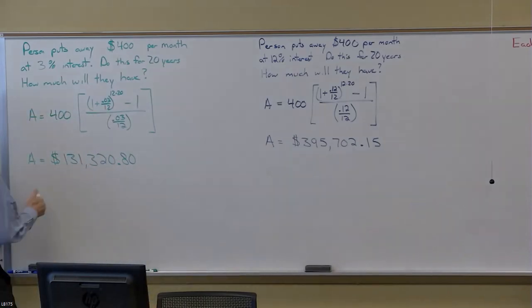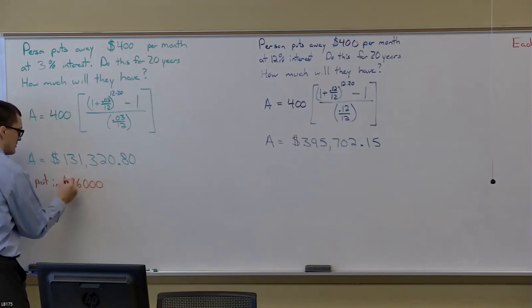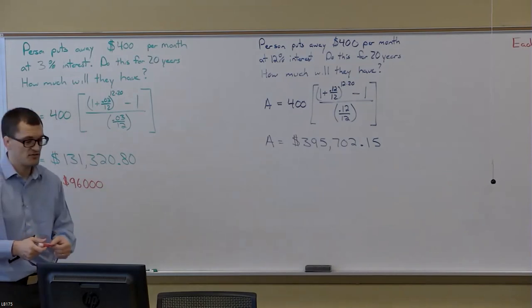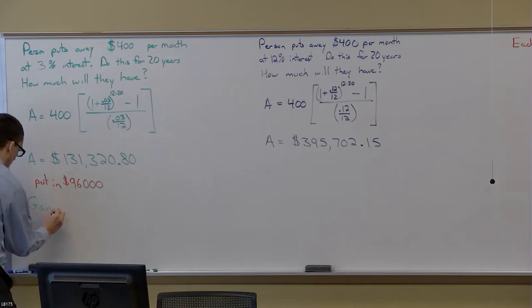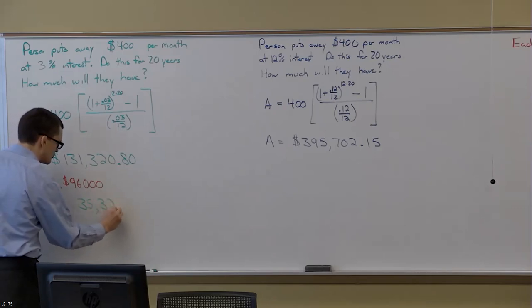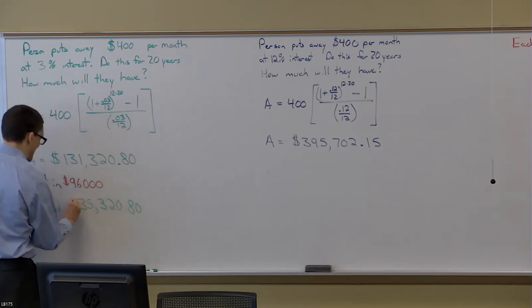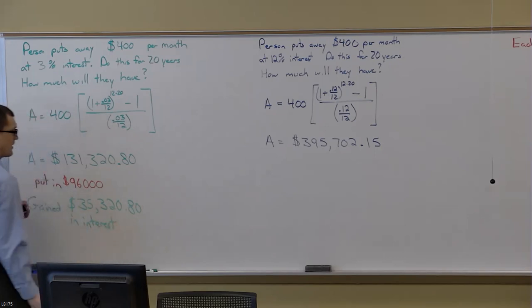If we put in $96,000 total, that means in this first case, when you take 131,320.80 and subtract $96,000, this first person gained $35,320.80 in interest. Does that make sense? So they made about $35,000.